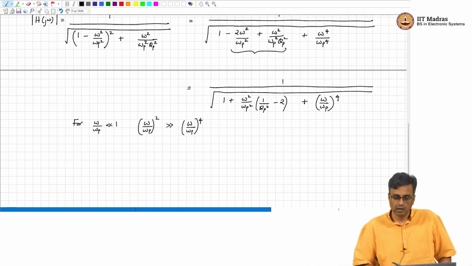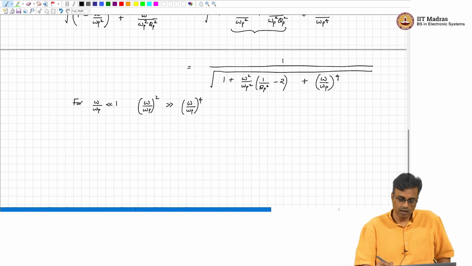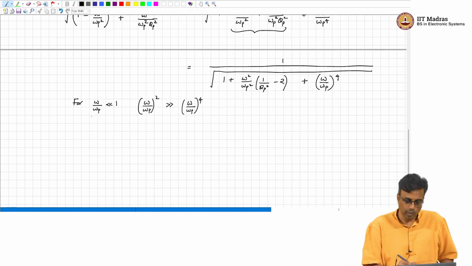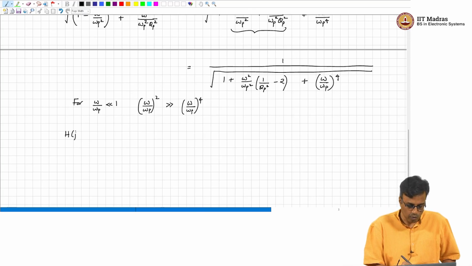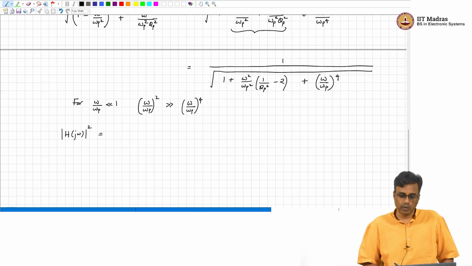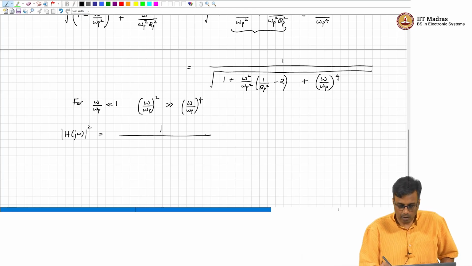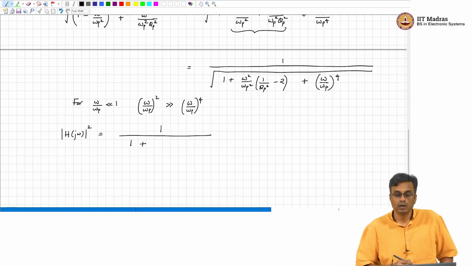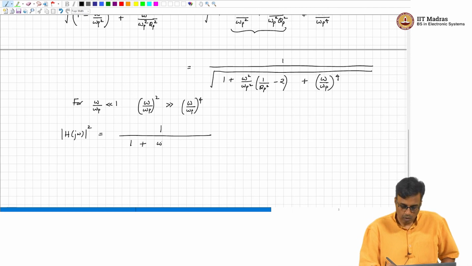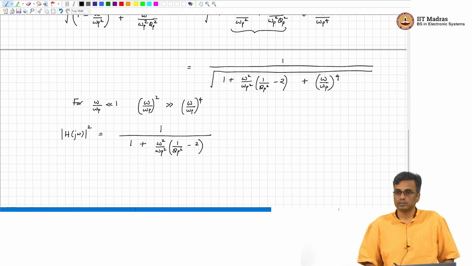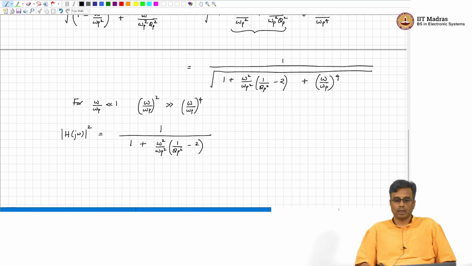So, basically you see that for omega by omega p much smaller than 1, mod H of j omega the whole square, so that I can avoid writing the square root, is nothing but 1 over 1 plus omega square by omega p square times, neglecting the fourth order term, 1 over qp square minus 2. Correct.